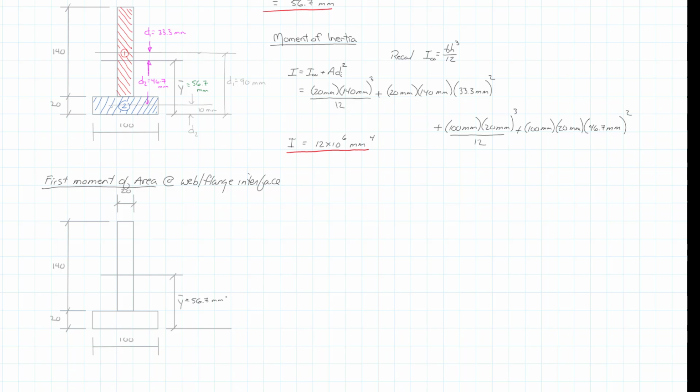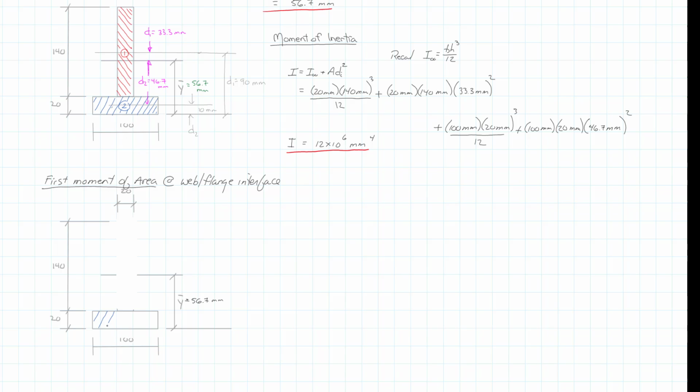So of course we basically throw away one side or the other of the interface that we're drawing. And so we're drawing the interface in this case at the flange-web interface. And so I'm going to choose in this case to throw away everything above that. So all of what we've previously referred to as area 1 is gone. So I'm going to look at area 2 alone. I'm going to still call it area 2 just so we don't get confused.